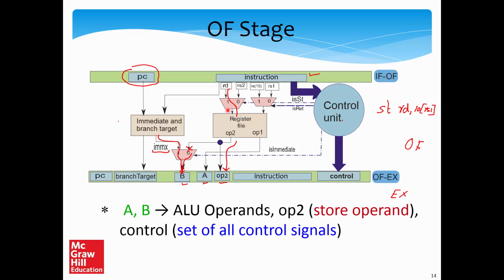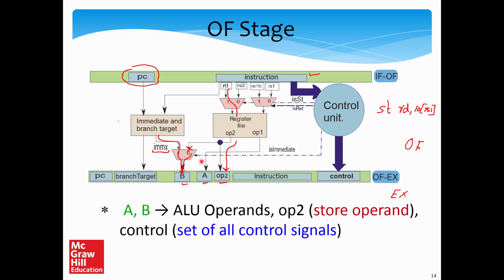So recall the special case that we are making for the store instruction. Then we read that and we store OP2 in the OP2 field. And then we store the first source register, which is coming via this route. So we will store that in the field A in the instruction packet.